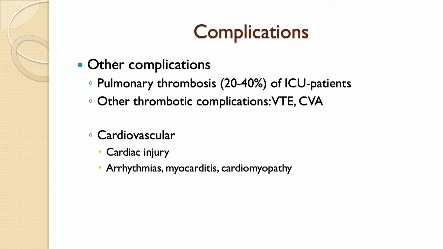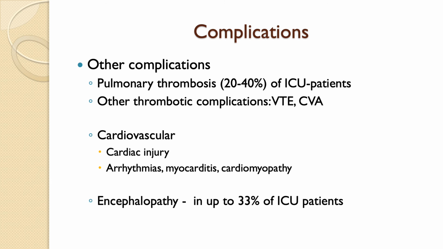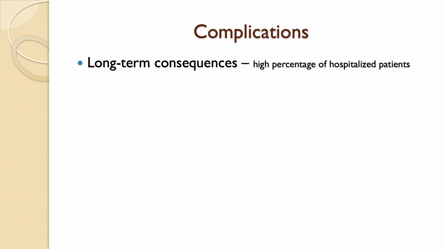Cardiac injury is an important thing that can be seen during COVID-19, related to arrhythmias, myocarditis, and cardiomyopathy. It has been demonstrated in up to 33% of the ICU patients. Encephalopathy is seen.